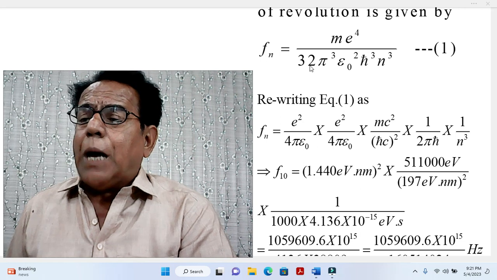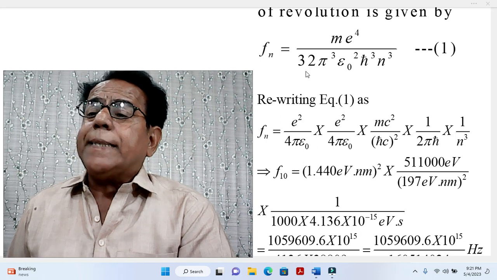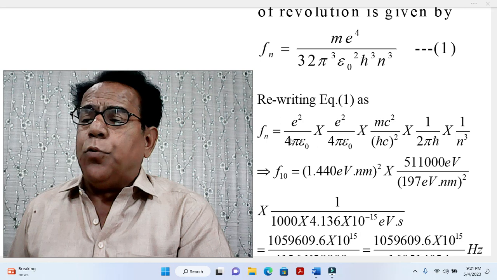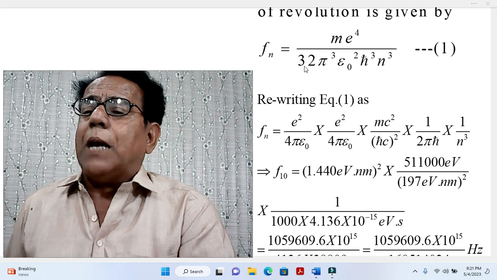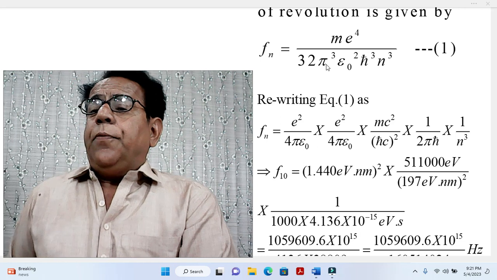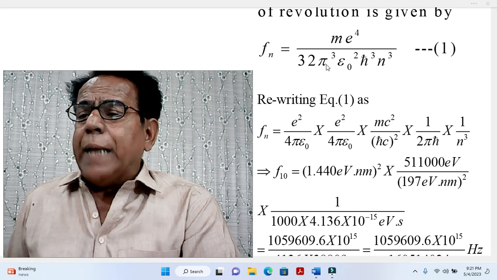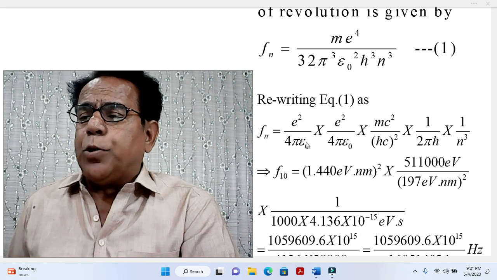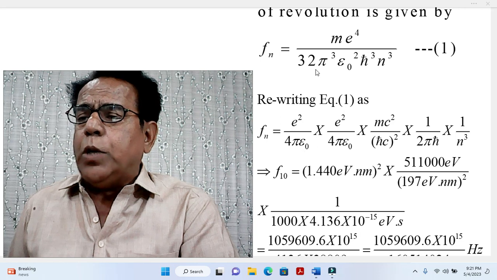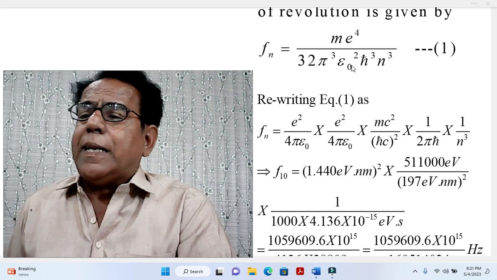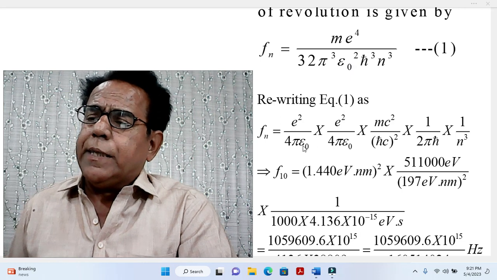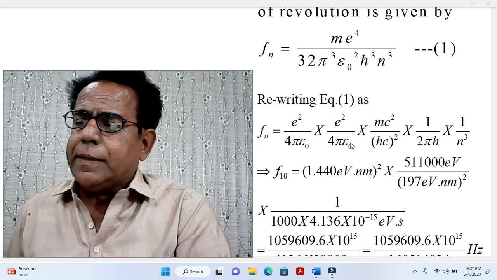From 32, 16 has been separated, because 4 into 4 is 16, and only 2 has been left. From pi cube, pi square has been separated, and only one pi has been left. Moreover, epsilon naught square has been separated.